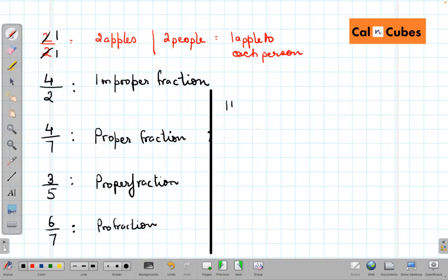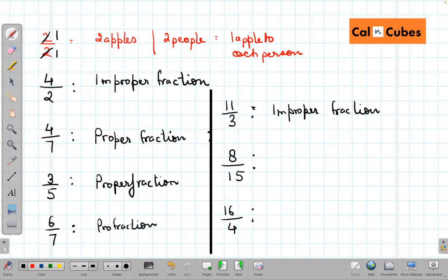Okay, tell me. 11 upon 3. Tell me what kind of fractions are they? Ma'am, this is improper fraction. Very good. And this is proper fraction. Very good.